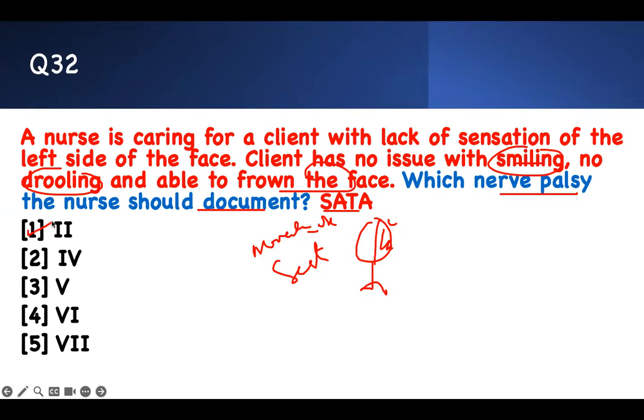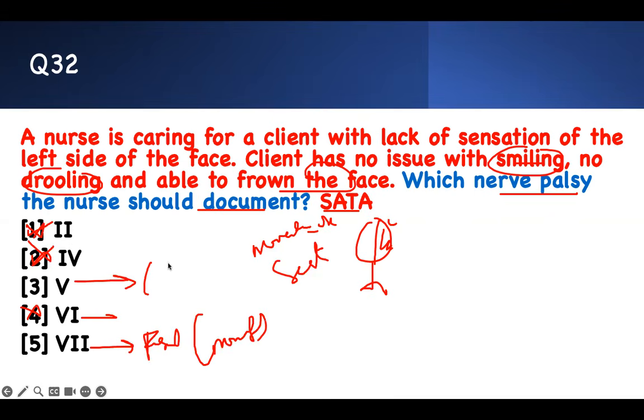2 is not involved with that. 4, not with that. These are all eye problems. 5 is trigeminal, right? 6 is abducens. That's also an eye problem. They usually control vision, acuity and muscle movement of the eye. The only things you have to worry about are 5 and 7. 7 is facial, this is for movement.